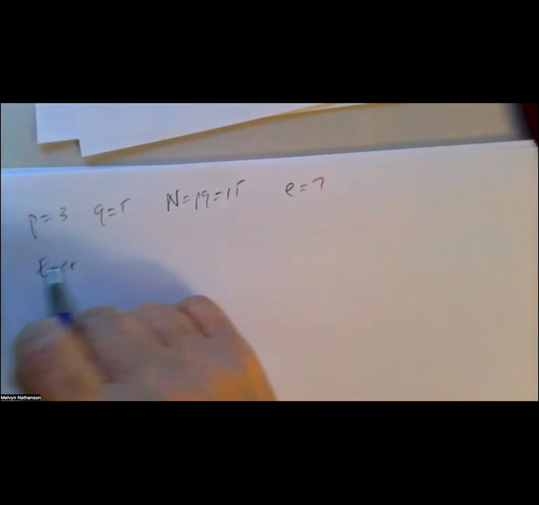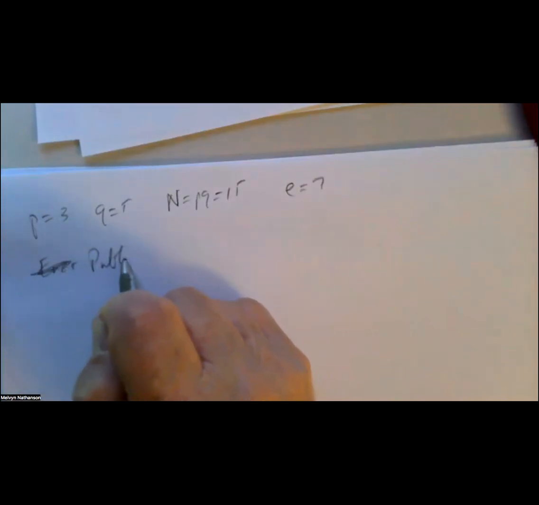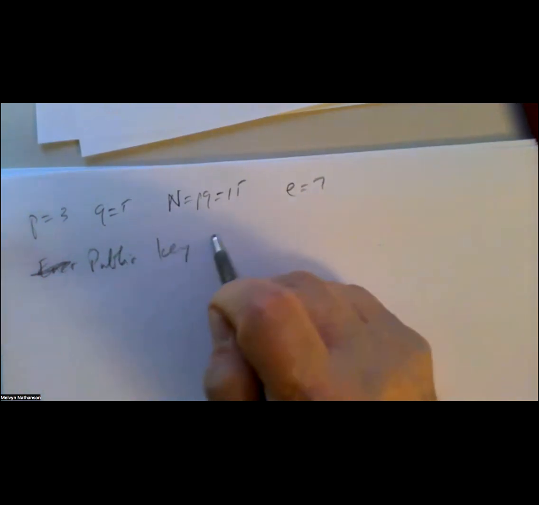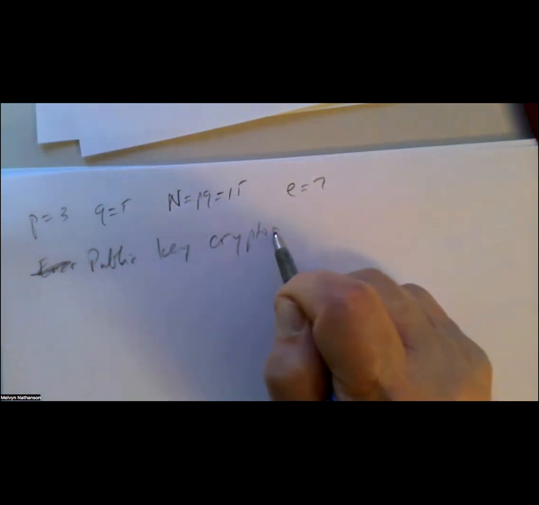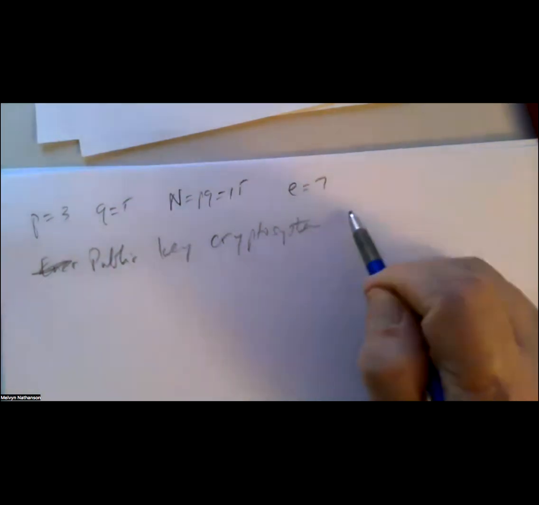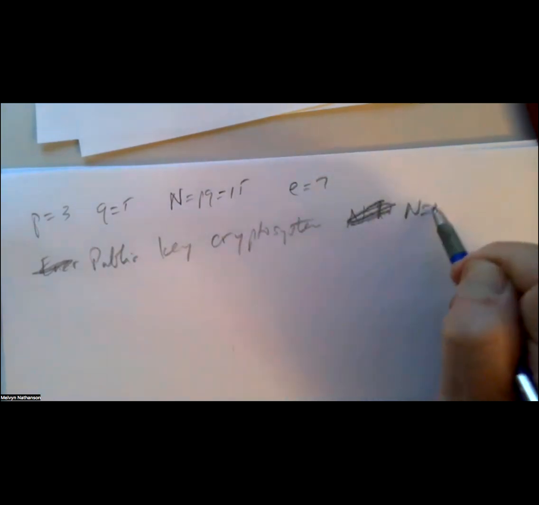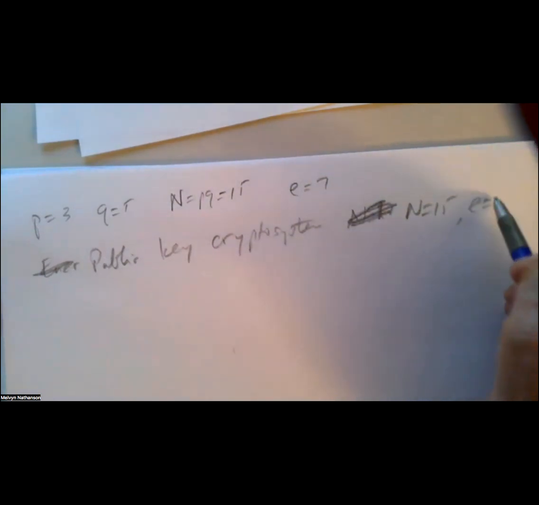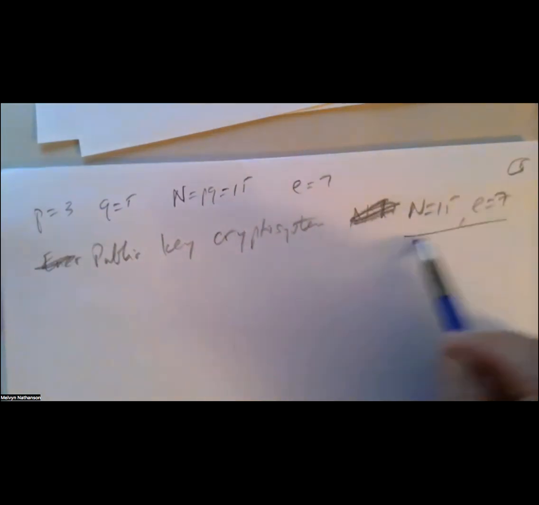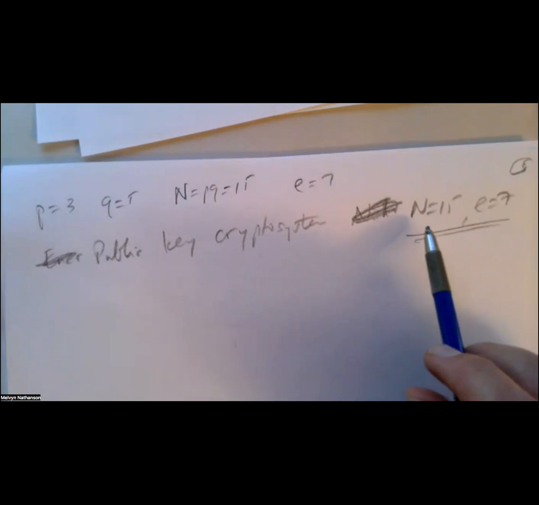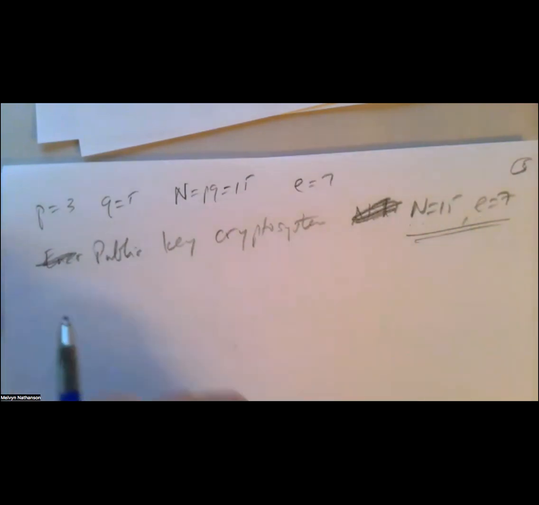So this is the public key crypto system. It's N equal 15, E equals 7. So Bob announces to the world, N is 15, E equals 7.